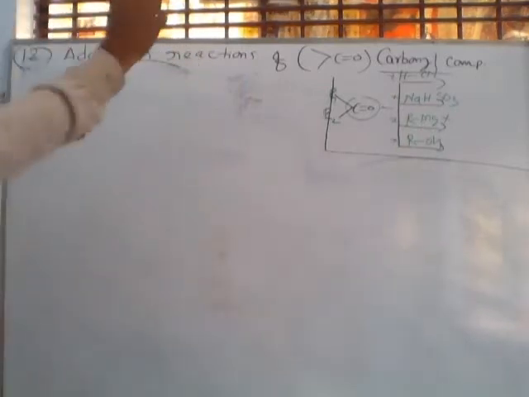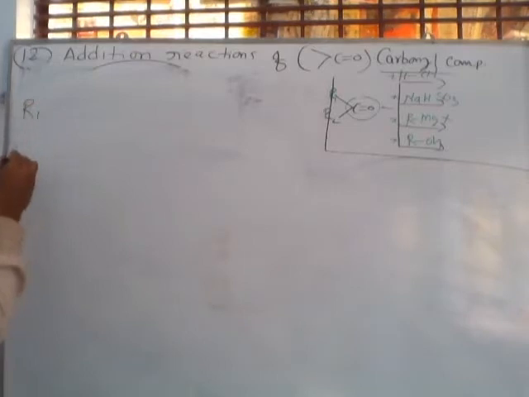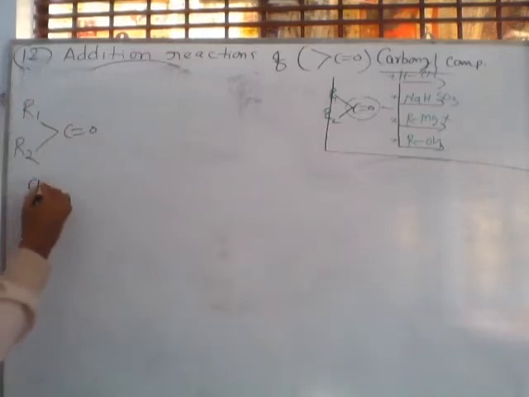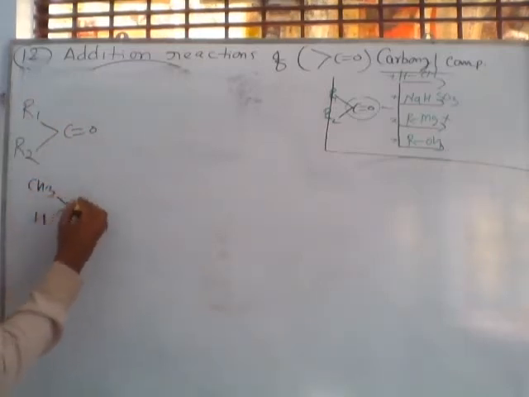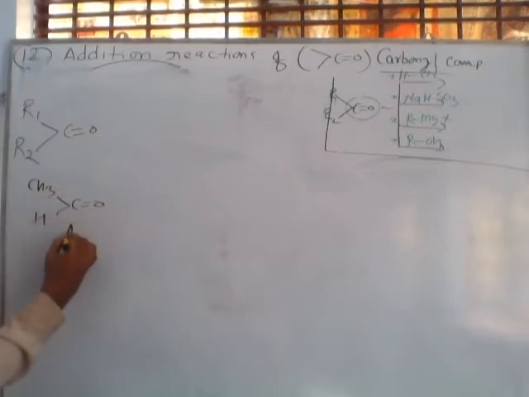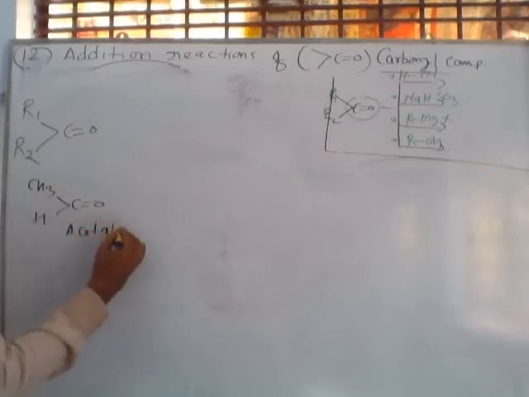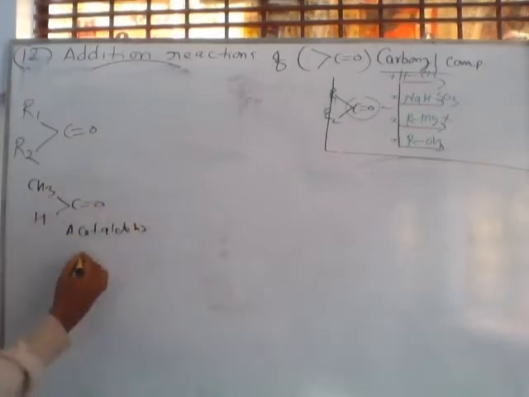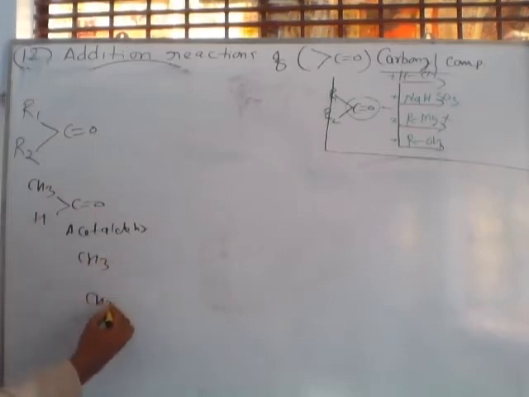Again R1, R2 here may be of this type: CH3 CH double bond O, this is called acetaldehyde, and also you can use CH3 of this type, this is called acetone.